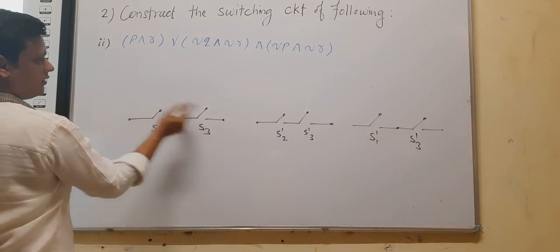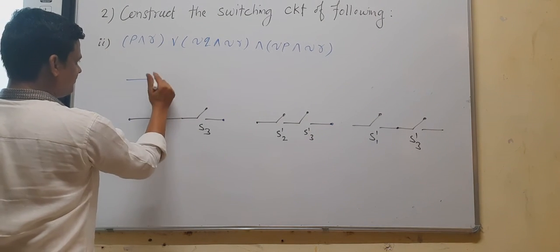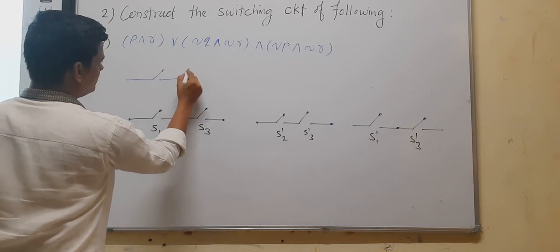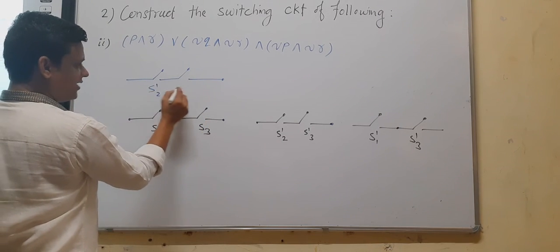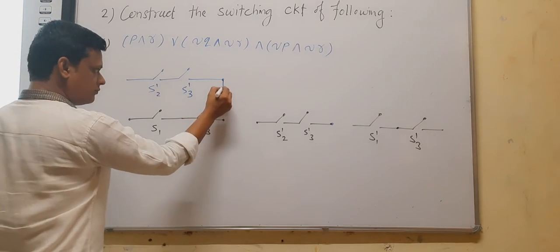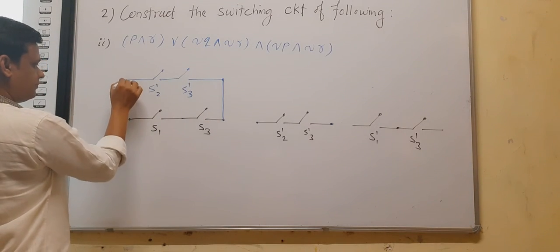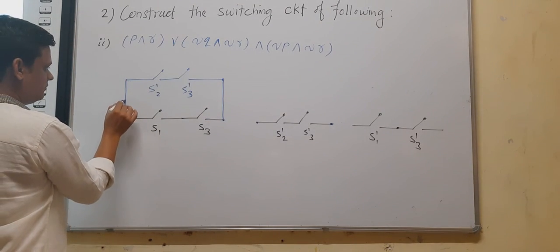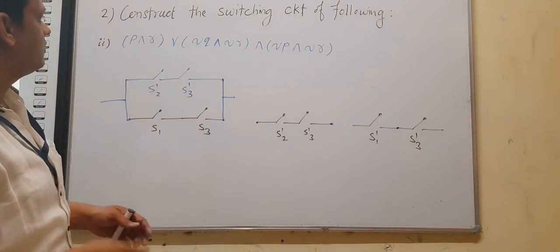Now I take this second circuit here, which is in parallel combination. S2 dash, S3 dash. We have to connect these 2 switches in parallel combination. This is parallel combination.